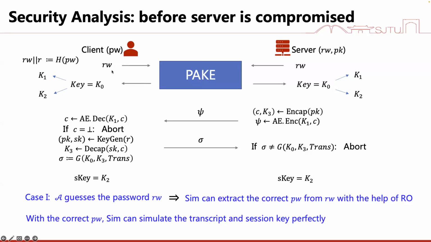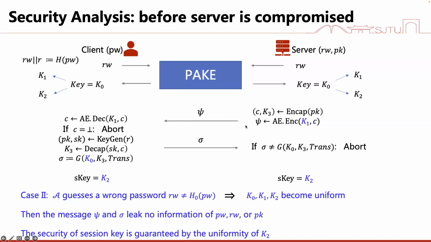If the adversary guesses the correct password RW of the PAKE, then the simulator can extract the correct password RW with the help of the random oracle. And now with the correct password, the simulator can simulate the transcript and the session key perfectly.